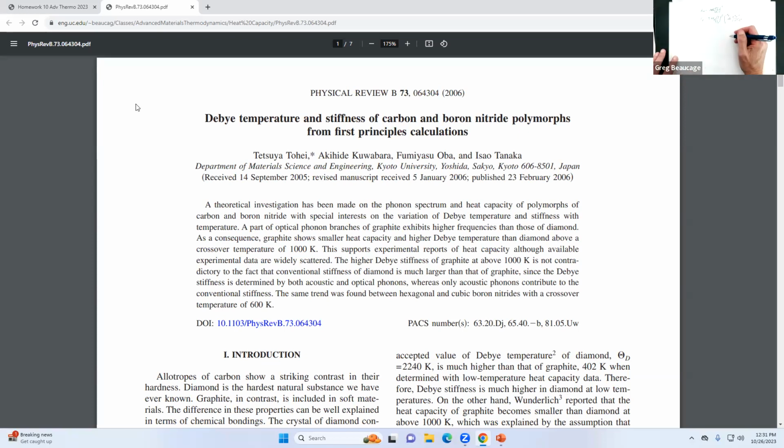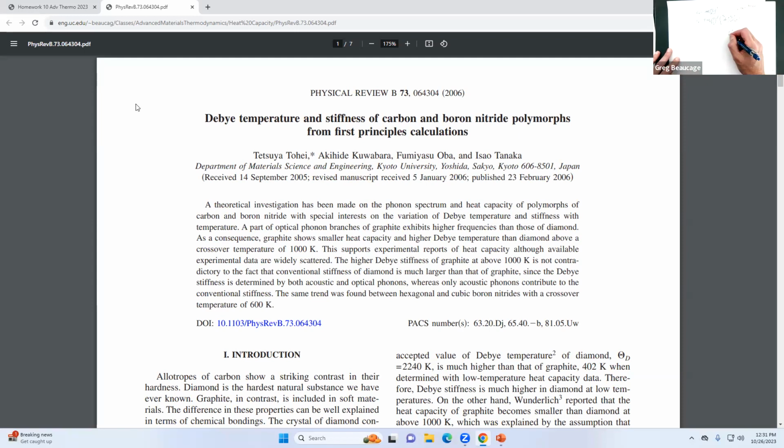And then for the Einstein, we had this part, where x is E over kT, or ħω over kT, however you want to do it.